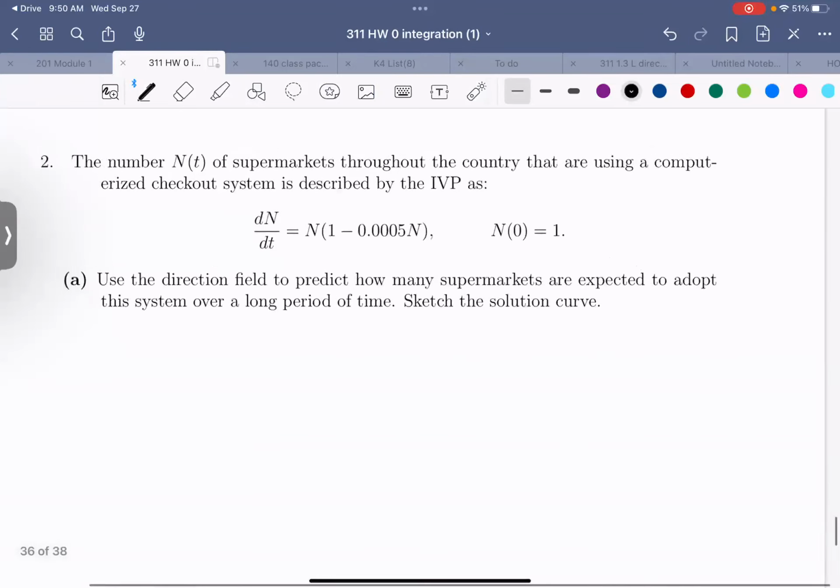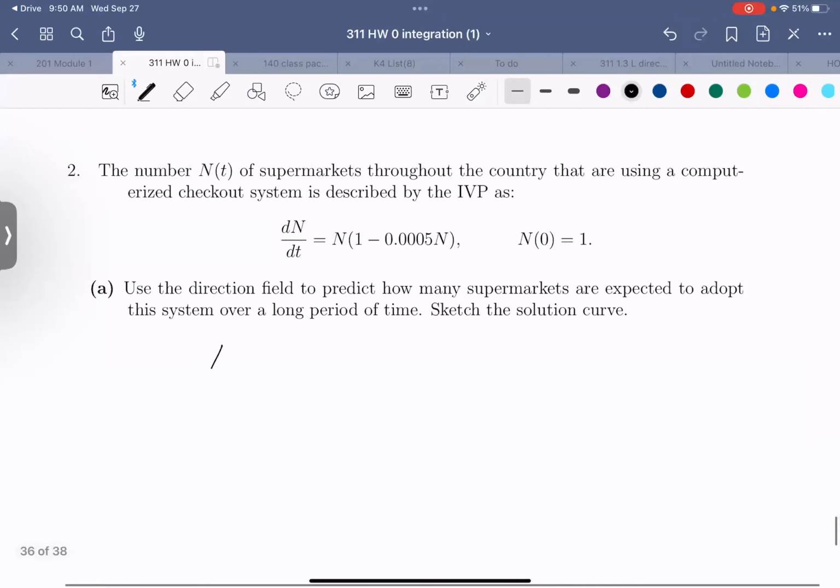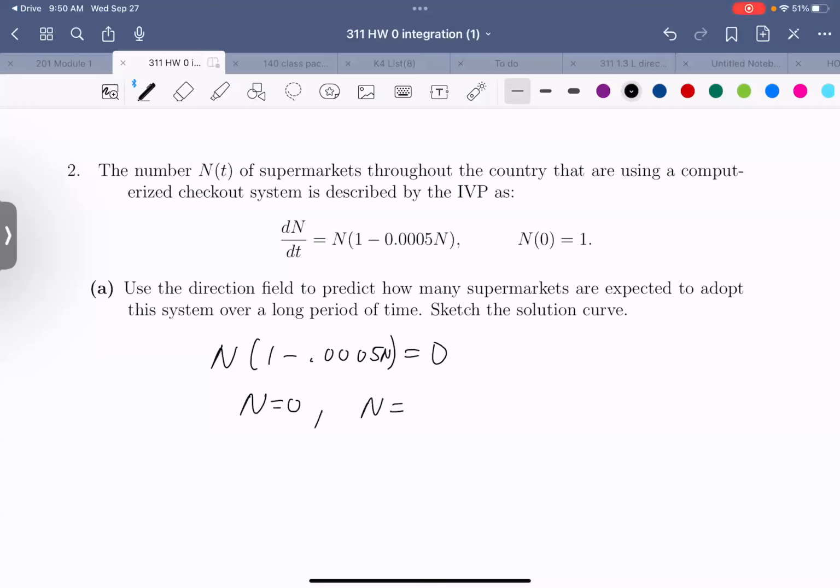All right, on this one, when you set it equal to 0, you get n equals 0, which you expect, and n equals whatever 1 over 0.0005 is. That's 2,000.